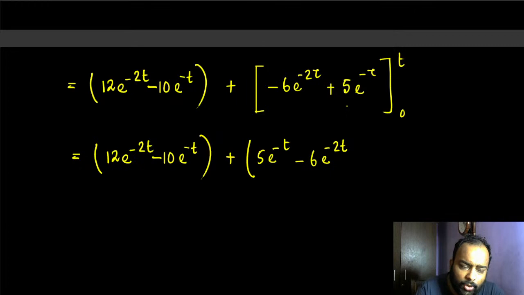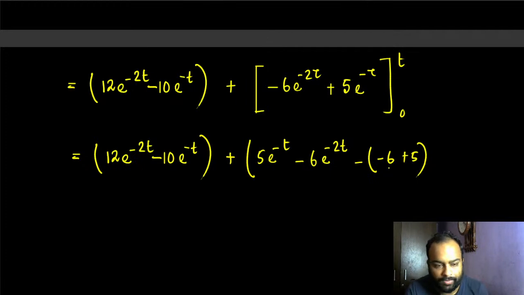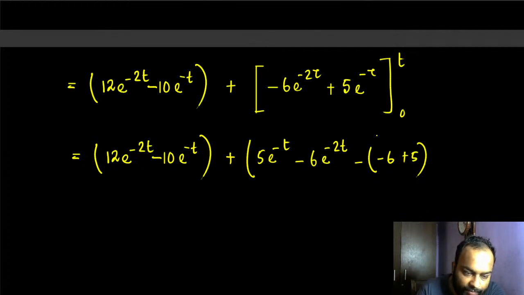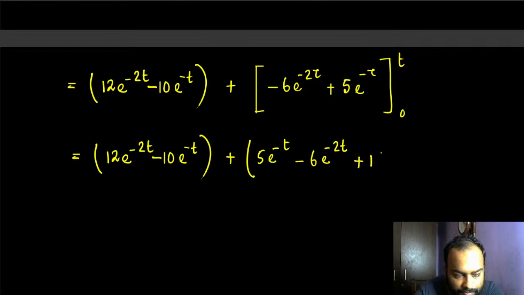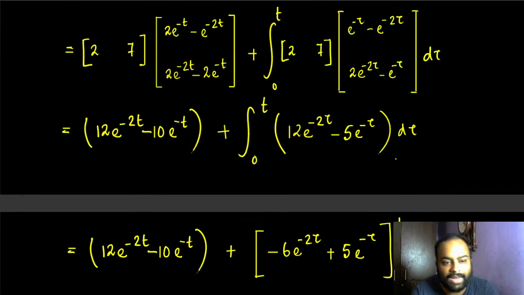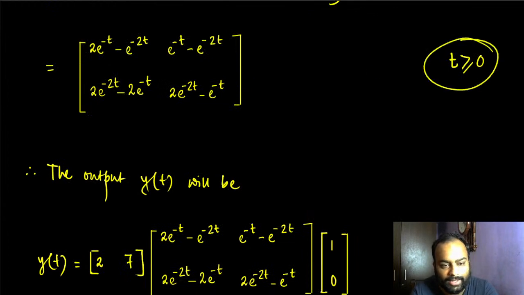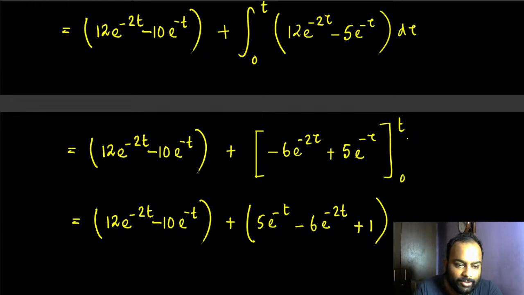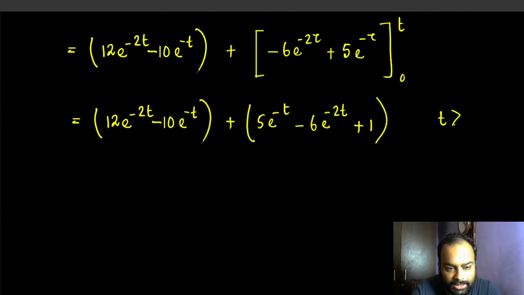And when I put 0, I get minus 6 plus 5, right? That's minus 1, obviously, and that becomes plus 1 eventually, right? Because of that minus sign. So this simply becomes plus 1. All right, and all of these are valid only when t is greater than or equal to 0. So everything should be multiplied. So that's t greater than or equal to 0.